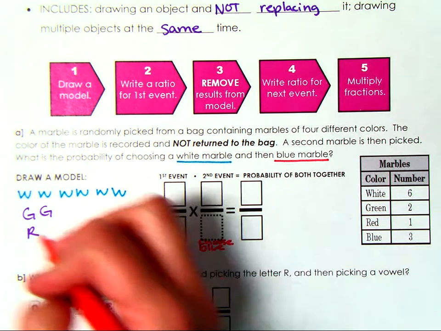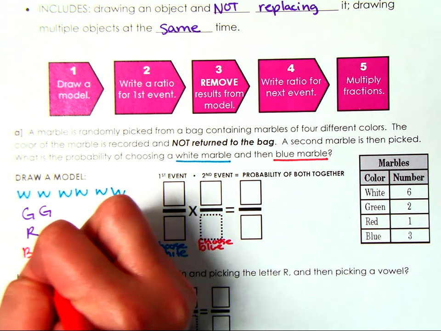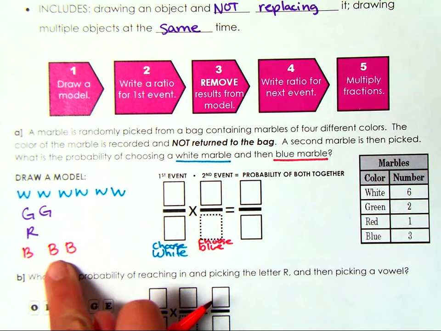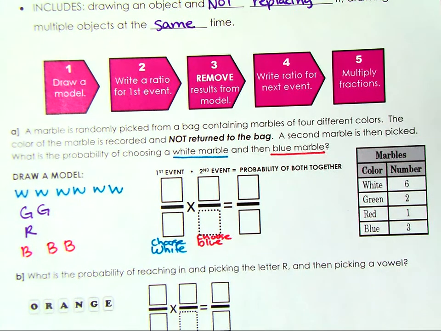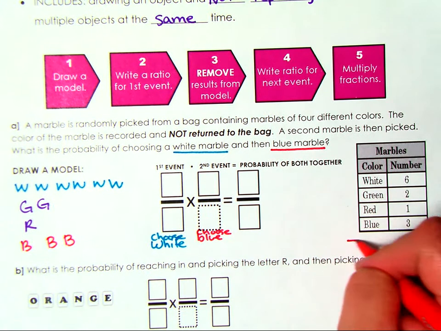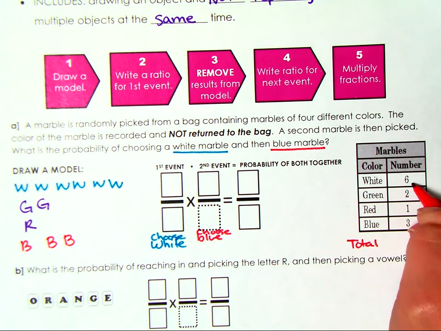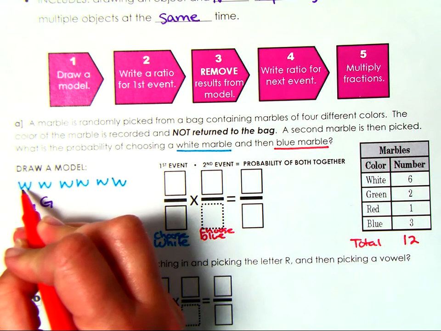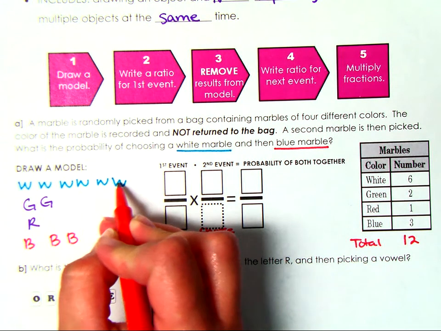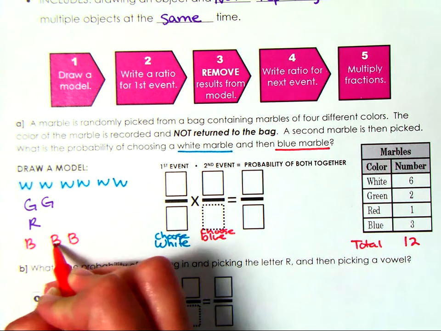And then 3 blue. I guess I could have used the blue marker with that one, but that's okay. We're just labeling it. So if we have 6 white, 2 green, 1 red, and 3 blue: 6, 7, 8, 9, 10, 11, 12. We know we have a total of 12. And that makes sense because look at your picture: 1, 2, 3, 4, 5, 6, 7, 8, 9, 10, 11, 12.